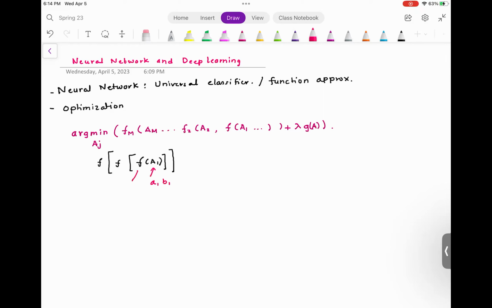If you go on to the next level, you have parameters a2, b2. And if you go here, there are parameters a3, b3. At the end, what we want is this super complex function or a functional, which is a function of functions.